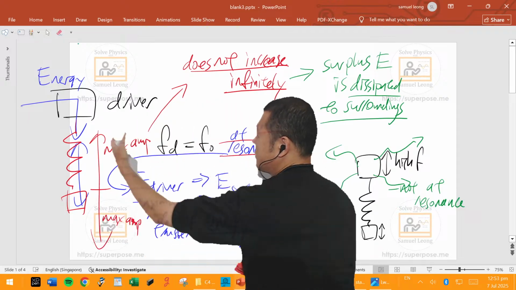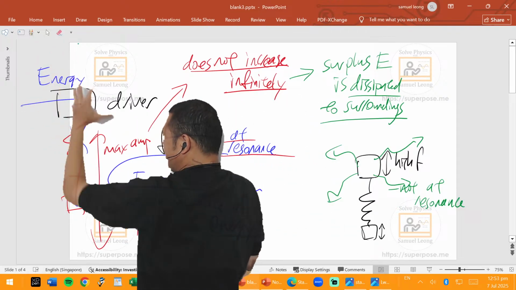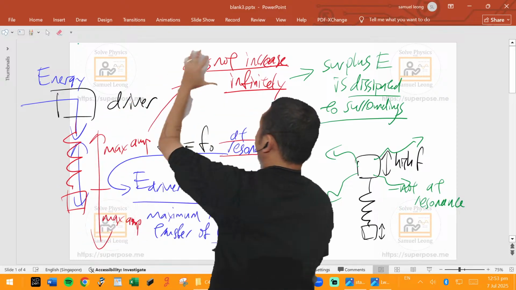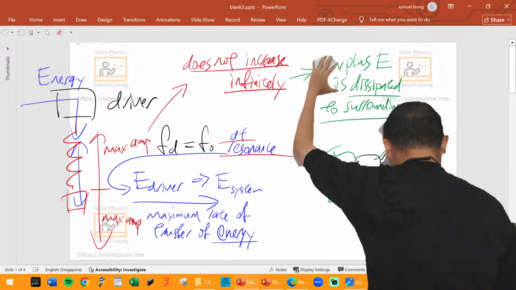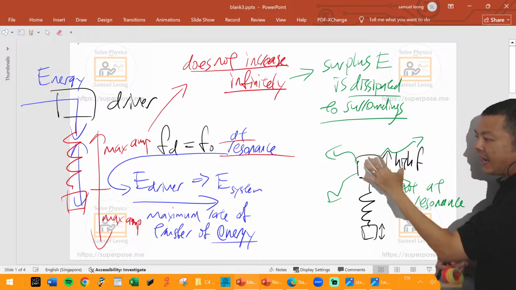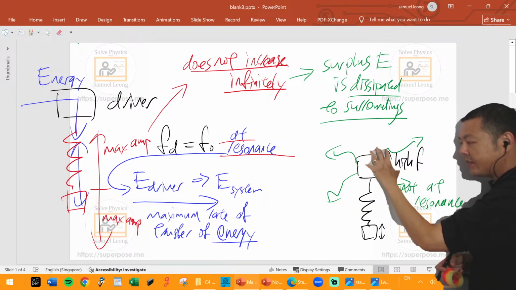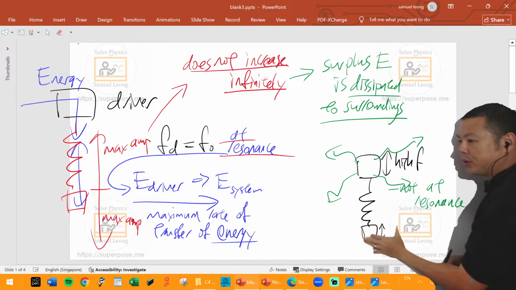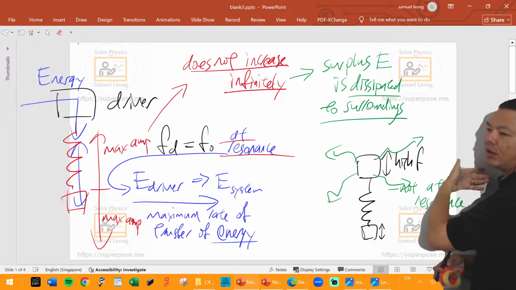So for resonance, let's say you have 100 joules: 80 joules is given to the system, and 20 joules is given off to the surroundings. If you're not at resonance, maybe an example is 100 joules goes into the driver, 20 joules goes to the system, but 80 joules is lost to the surroundings.